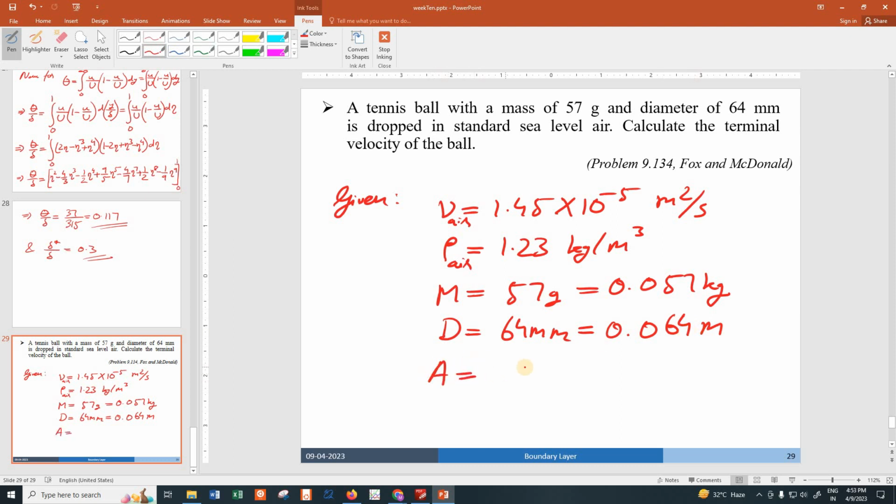Then area is equal to pi d squared by 4.